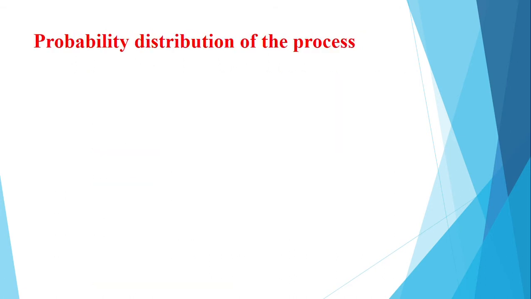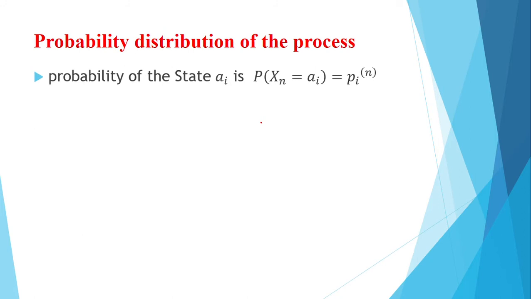Probability distribution of the process. It is a state probability. Each state of the process has its individual probability, which is called state probability in general. The probability of the state Ai in the nth step is nothing but the probability of Xn equal to Ai.